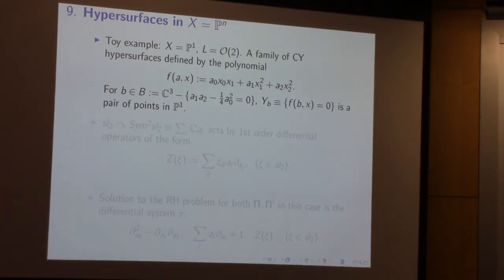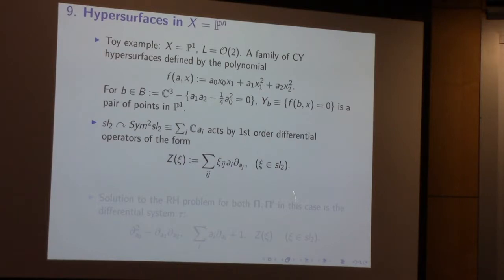Now, you have this family, and I noticed a typo here. You take the symmetric product of C2, not SL2. I mean, you could think of it as SL2, but it is C2, not SL2. So SL2 acts on C2 in a canonical way, so it acts on the symmetric power of 2. And I think of the A's as the basis of this vector space.